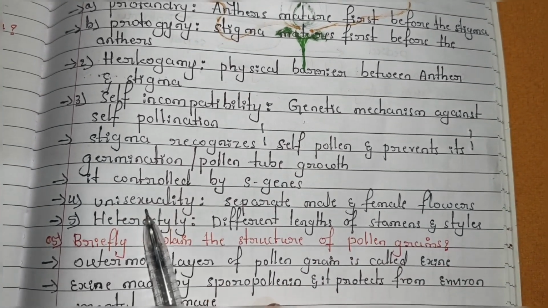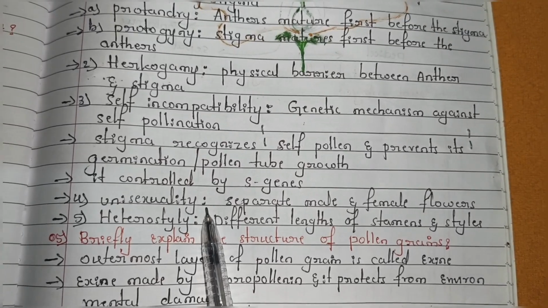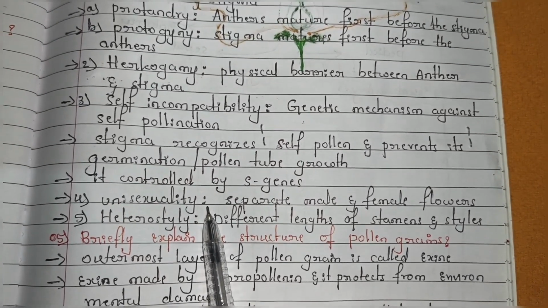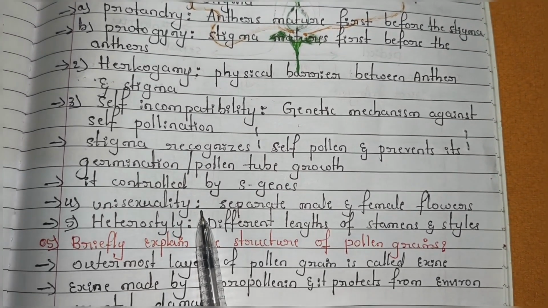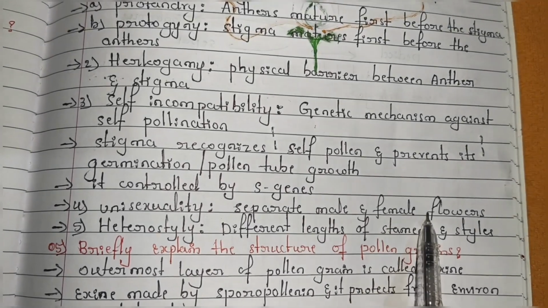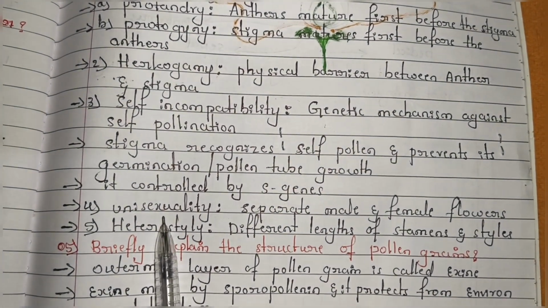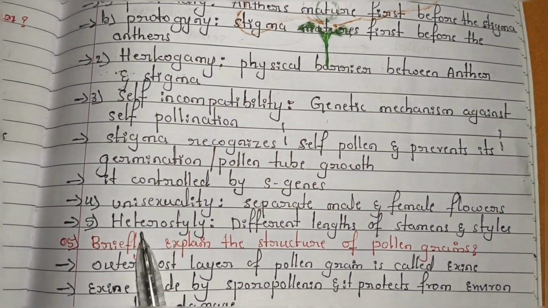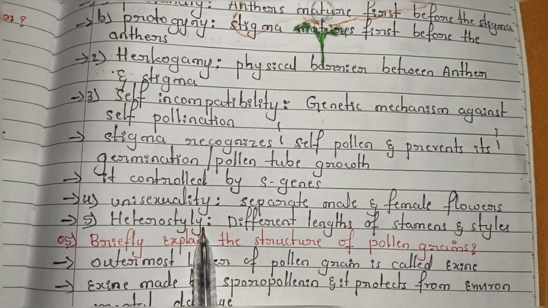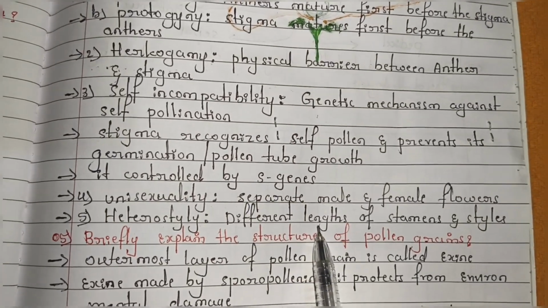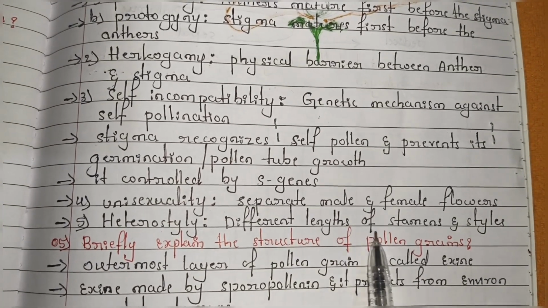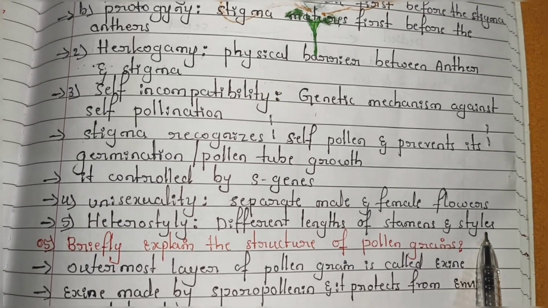And next, unisexuality: in some plants the male reproductive structure is present in one flower and the female reproductive structure is present in another flower. Next, heterostyly, meaning different lengths of stamen or style.